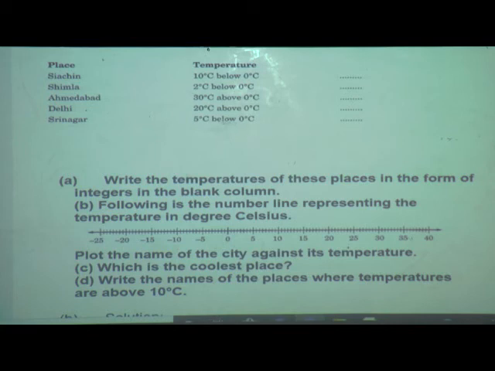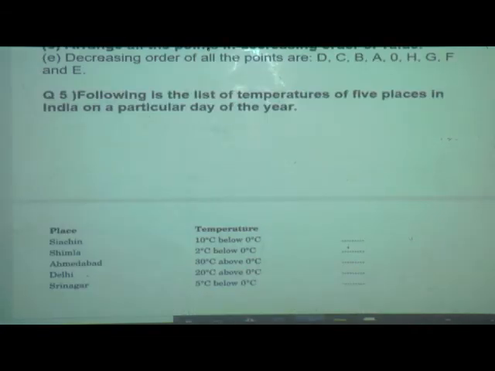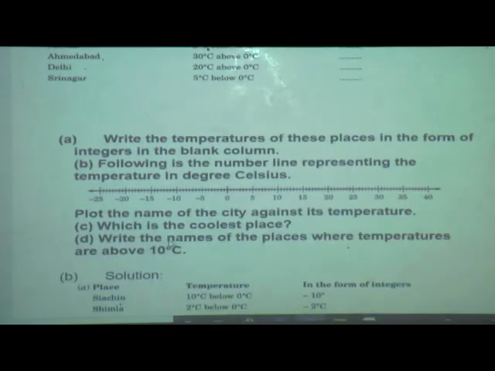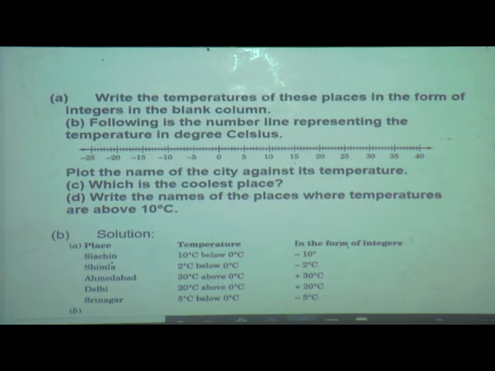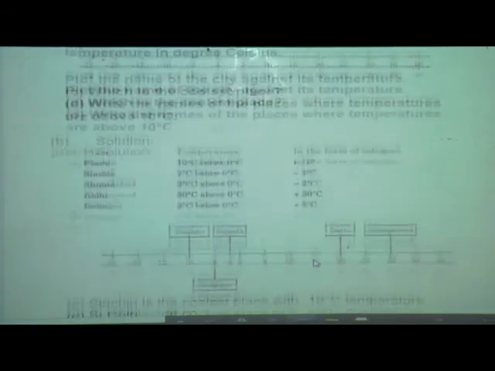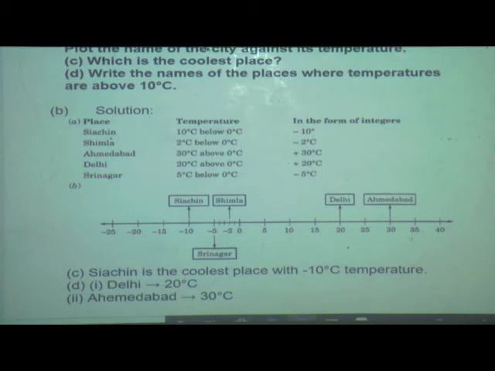So if it is below, then we have again minus 5 degrees centigrade. Okay, so these are the places and their temperatures given here. Now we have to answer the questions asked. The first question: write the temperature of these places in the form of integers in the blank column. You can see here, as we have already seen, Siachen is minus 10 degrees centigrade because it is given below.